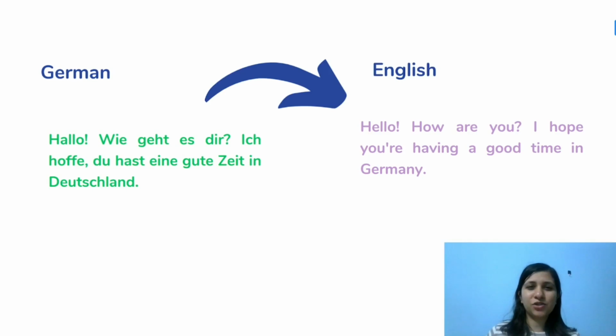Moving back to the same example, translating German to English, let's look at how a human translator translates German to English. She does not memorize the whole sentence in German and translate it sequentially into English.